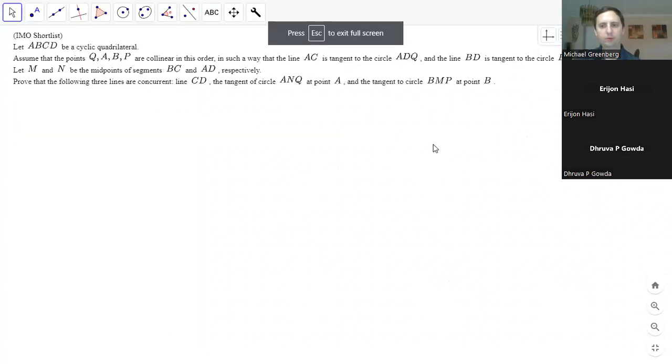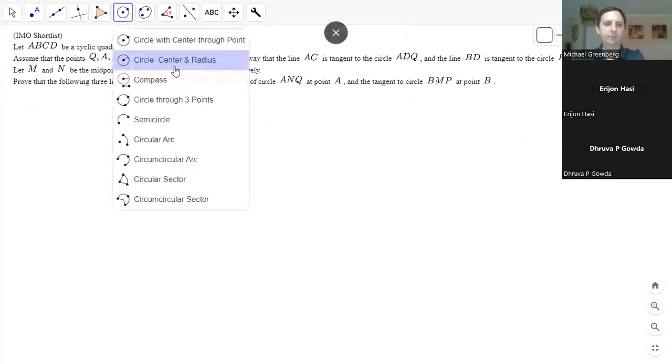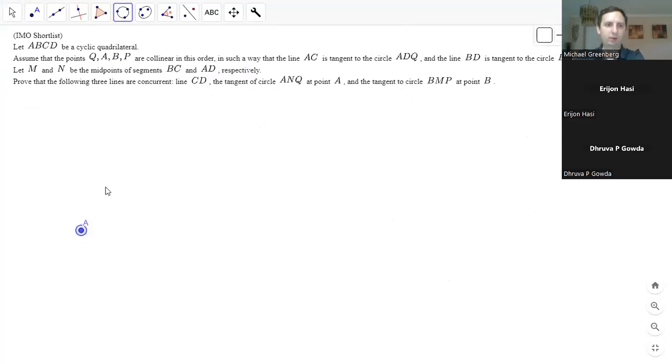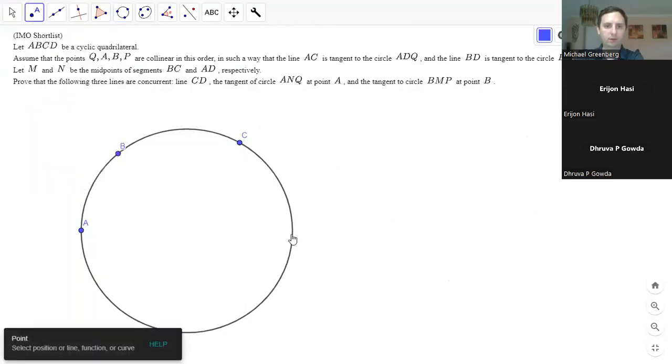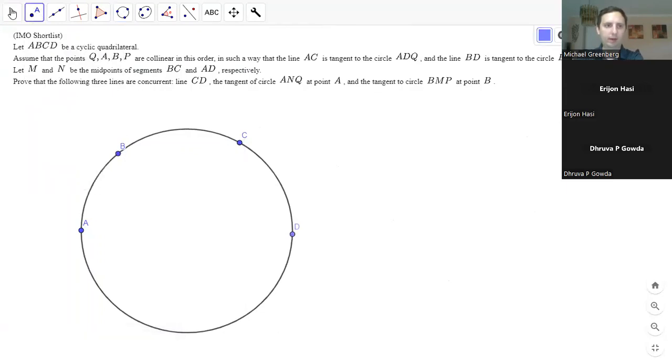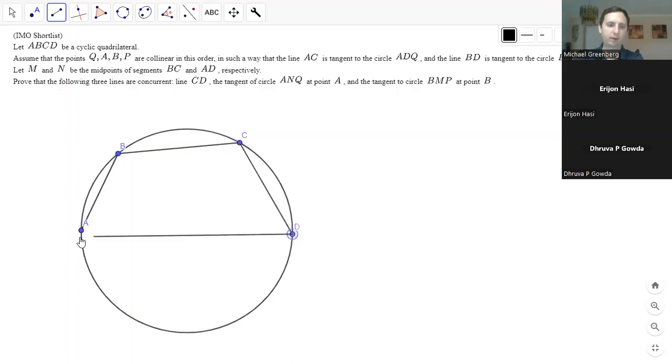So we have a cyclic quadrilateral ABCD, and Q, A, B, P are collinear. So how are they collinear? I'm probably going to want to draw the whole line AB, not just a segment.